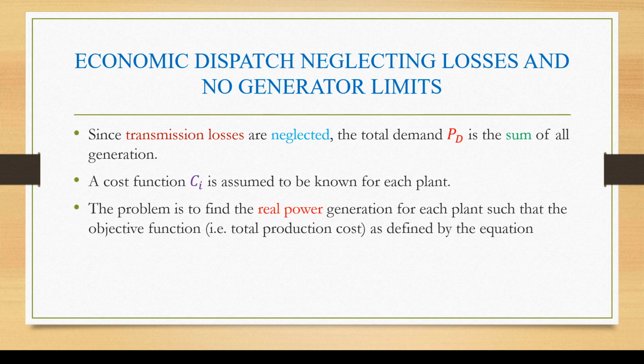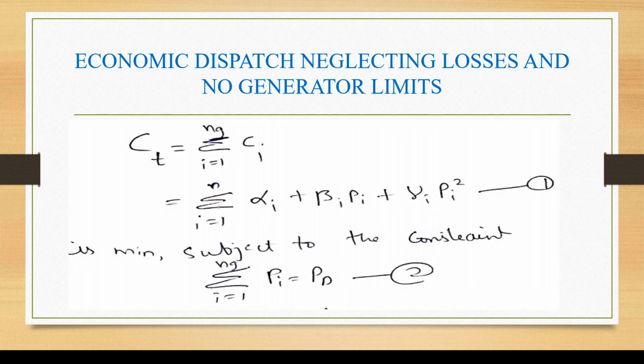PD is the sum of the generation, and Ci is the cost function assumed known for each plant. We have to find the real power generation for each plant such that CT equal to summation i equal to 1 to Ng Ci, that is summation of alpha i plus beta i Pi plus gamma i Pi squared, is minimum subject to the constraint summation i equal to 1 to Ng Pi equal to PD.